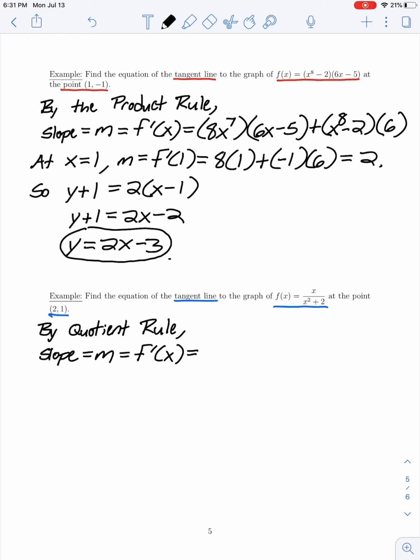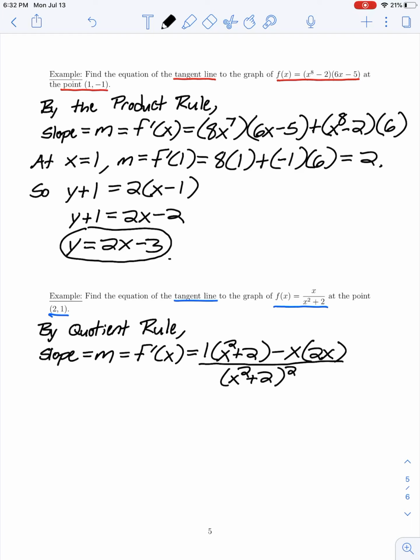So the derivative of x is 1 times the denominator, which is x squared plus 2. And then we subtract the numerator, which is x times the derivative of the denominator, which is 2x. And then divide the entire expression by the denominator squared.